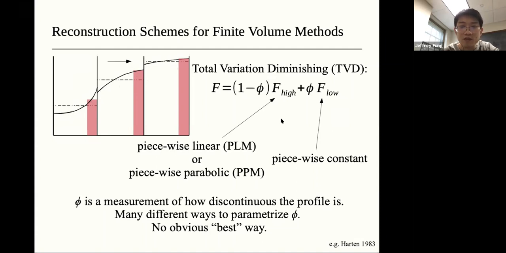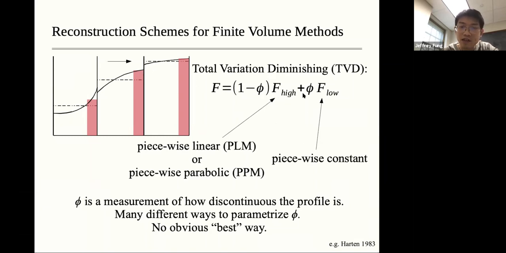To fix this, there are what we call the total variation diminishing algorithms, which is basically you take your flux using some higher order way of approximating the background profile. So something like piecewise linear, where these curves would just be lines, or piecewise parabolic, where these things would look like parabolas.